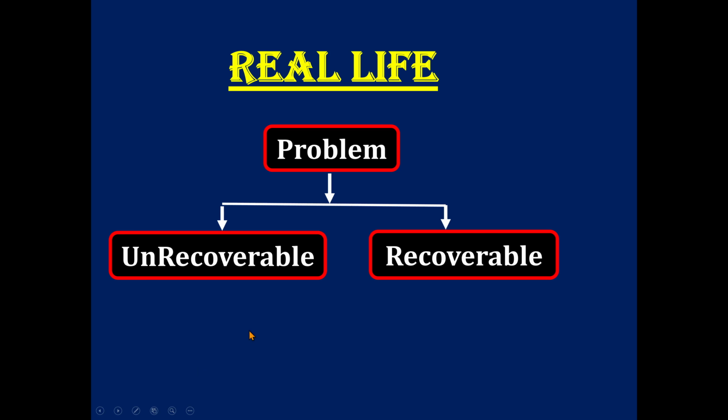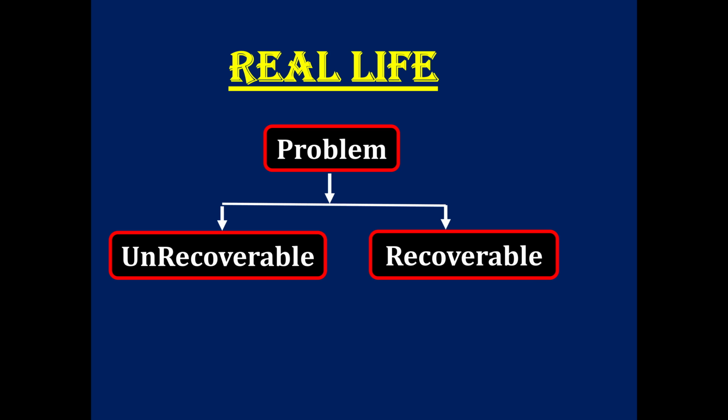Now, what are unrecoverable problems? Unrecoverable problems means if they occur, we cannot continue our work or workflow immediately, or we cannot fix those problems promptly and continue our workflow. So these are the major failures which are unrecoverable. For example, in real life, let's say our car engine completely fails in the middle of nowhere, or the building loses power due to some major system fault, or the bridge collapses.